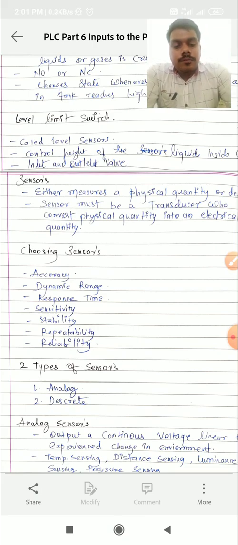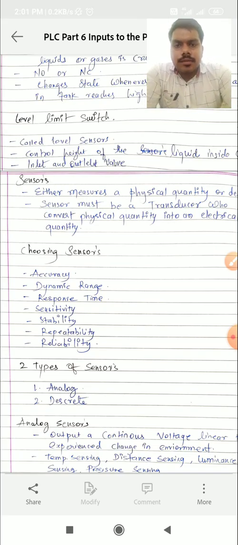But in what form will the sensor sense it and provide the input to the PLC? It will be in analog or digital form, meaning either current form or voltage form. There will be some predefined voltage and current limit.